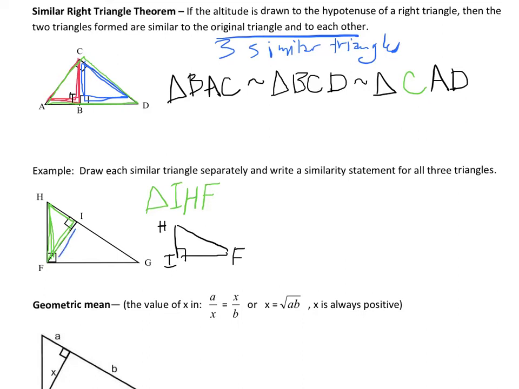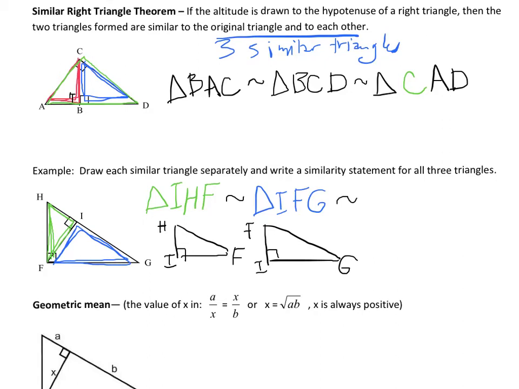The next one, I'll do this other one in here. That triangle is similar to triangle, start with the right angle, I, do the short side, F, G. So for that triangle, my right angle is at I, the short side goes to F, and then I have G over here.